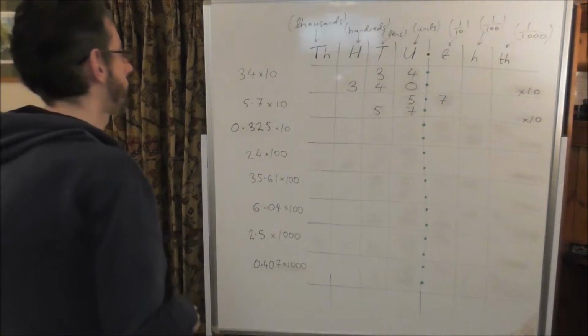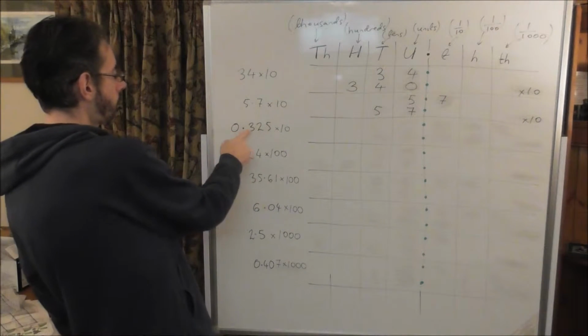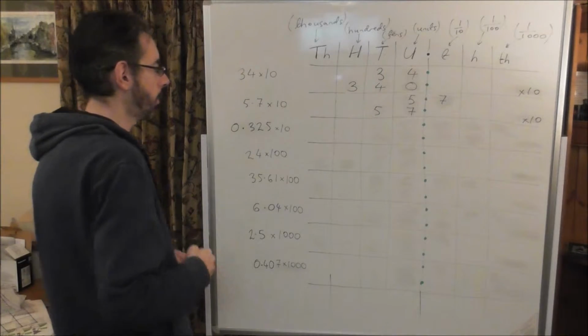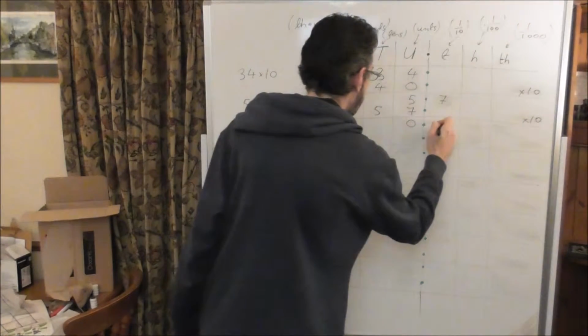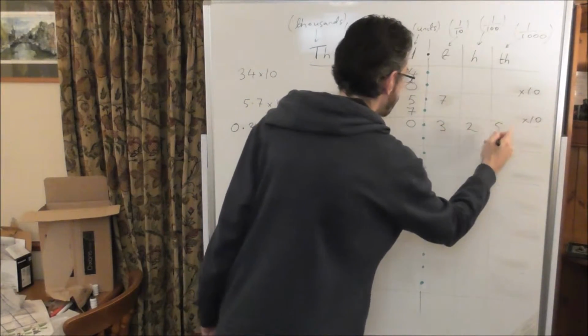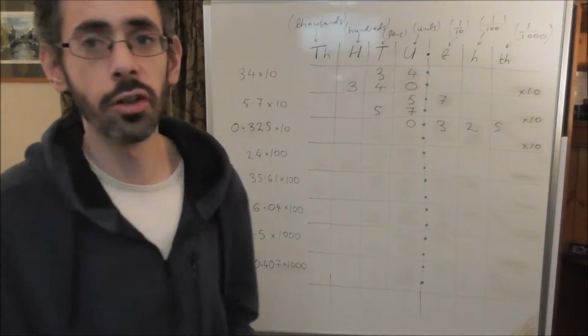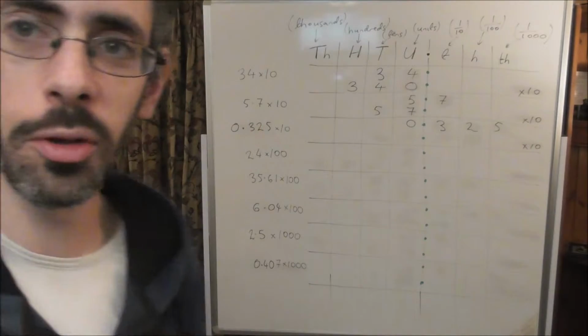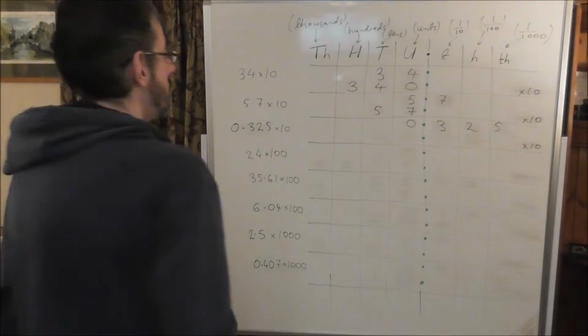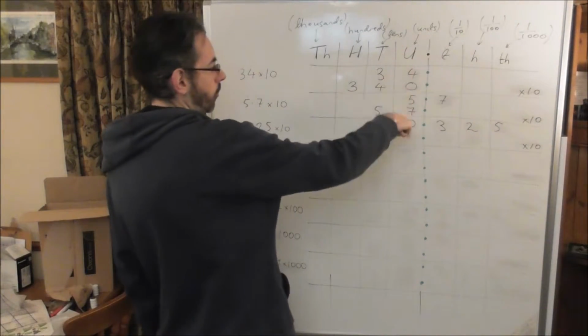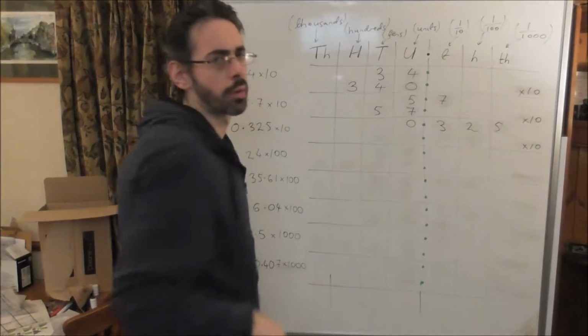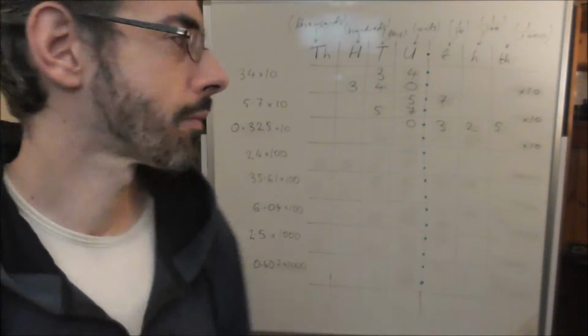0.325 times 10. So no units and then 3 digits after the decimal point. So 0.325 times 10. So I need to move the digits one place to the left to multiply by 10. So we've got a 0 here, but it just means there are no units, so I can ignore that number because there's nothing in that column.